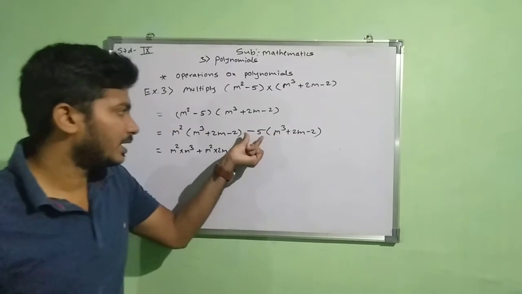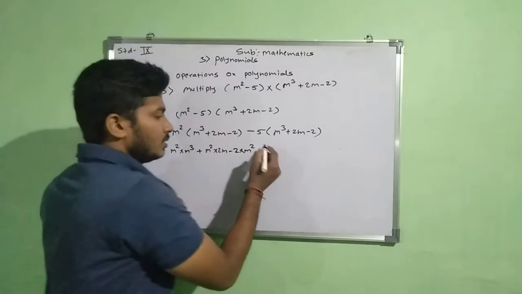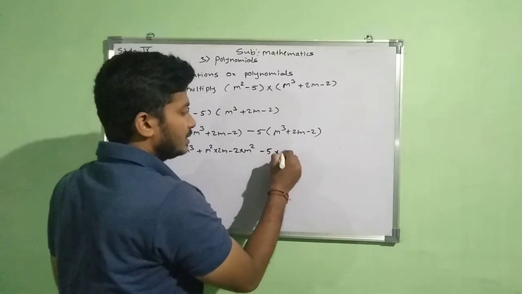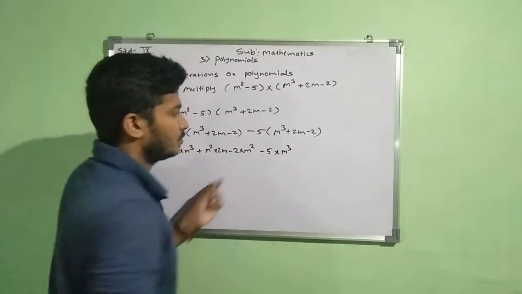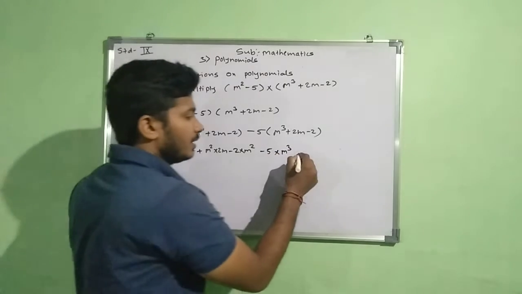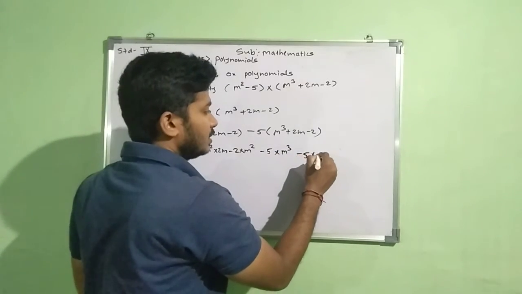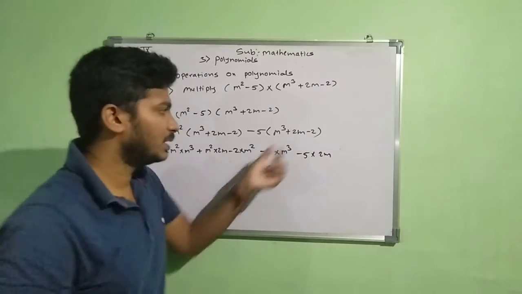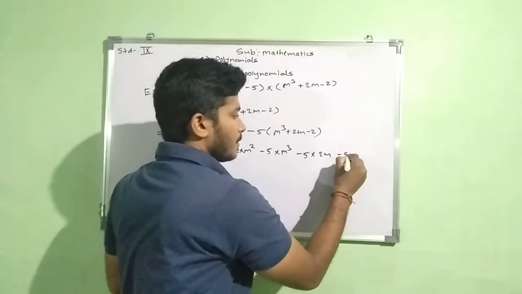Similarly, we will multiply with minus 5 inside the bracket. So minus 5 multiplication m cube. Now that minus 5 multiplication 2m, and that minus 5 multiplication with minus 2.